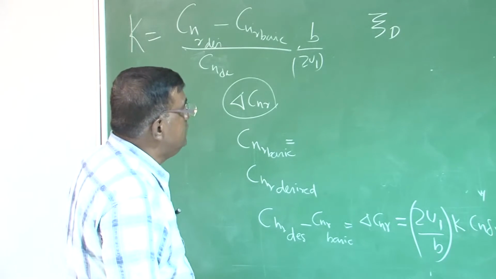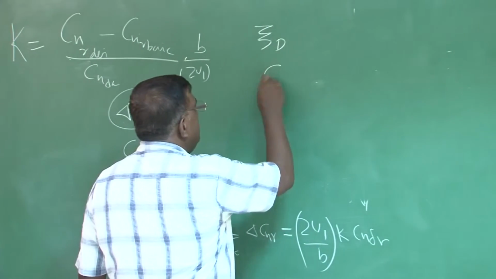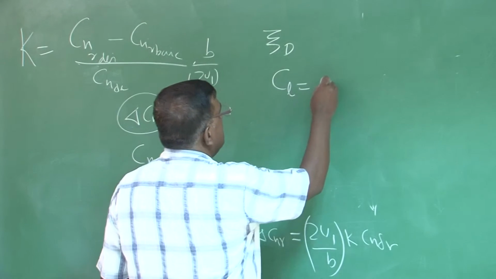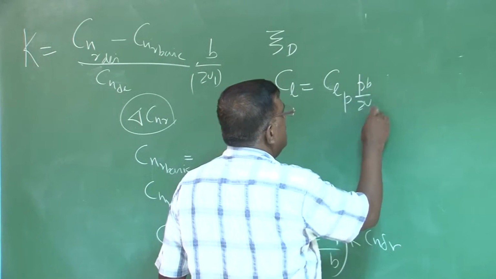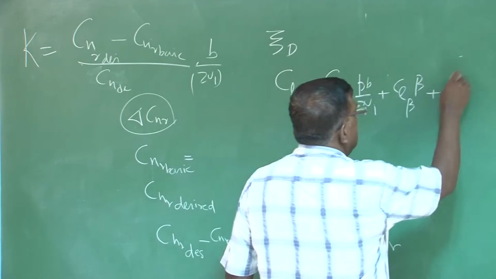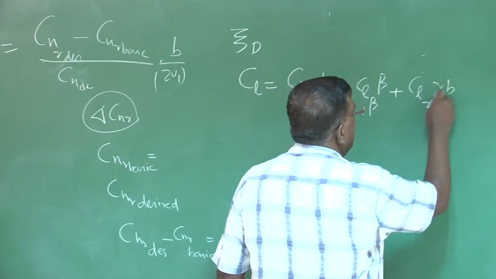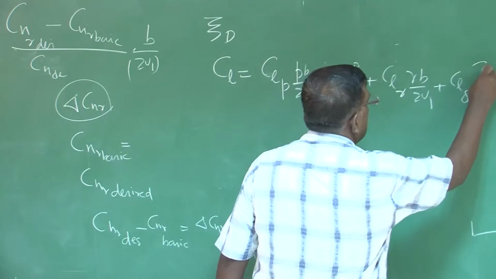But we should also check that this will have effect in other derivatives. For example, if I see rolling moment coefficient, CL is CLP into Pb by 2u1 plus CL beta into beta plus CLR into Rb by 2u1 plus CL delta R into delta R.